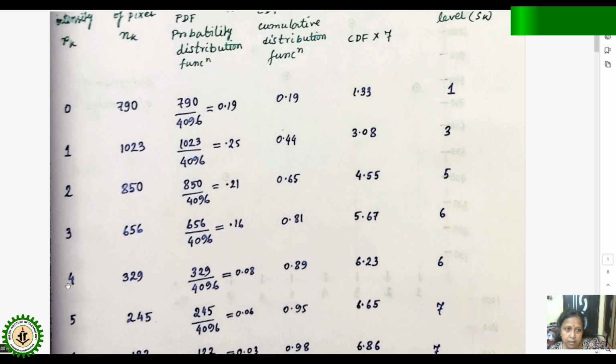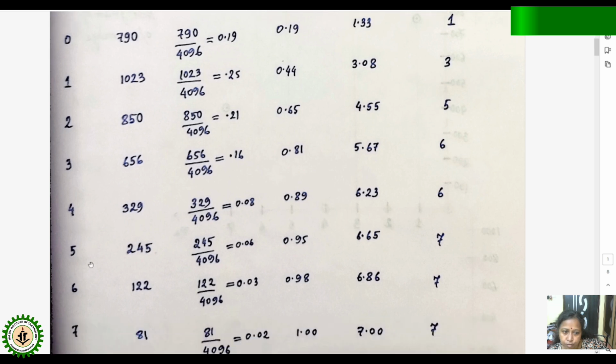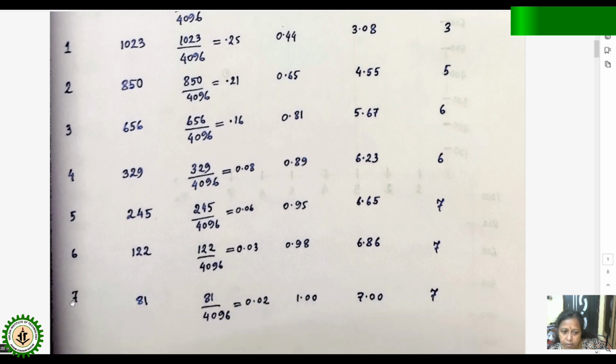Similarly, for input image intensity 4, after histogram equalization, the output intensity is 6, and so on. For input gray level value 7, the output gray level value is also 7 here.